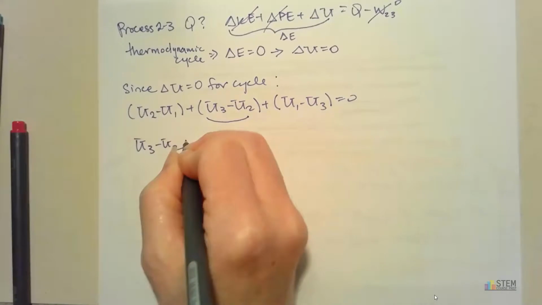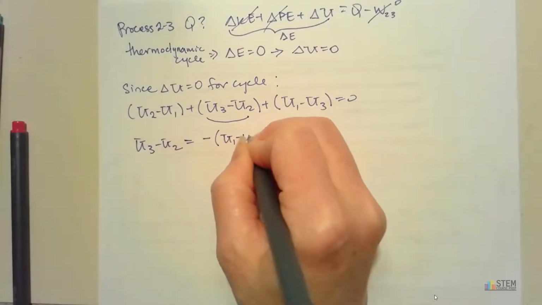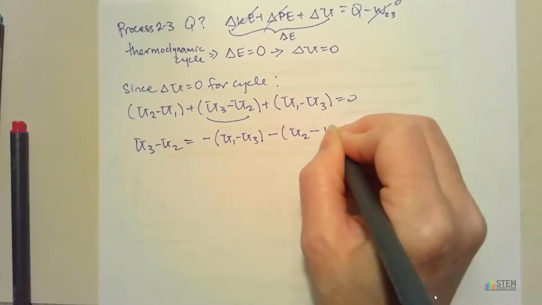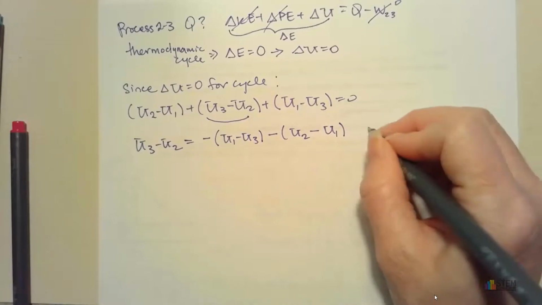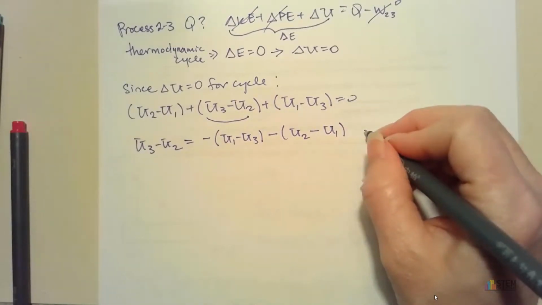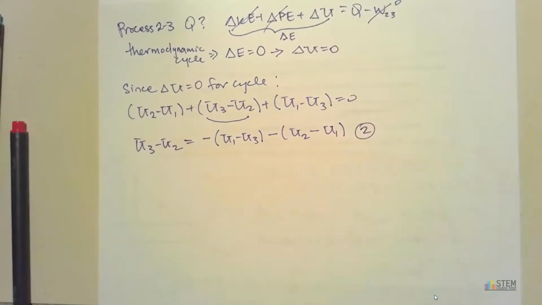U3 minus U2 is going to be negative the quantity U1 minus U3 minus the quantity U2 minus U1. And let's call this equation 2. I just realized I missed a step in here.